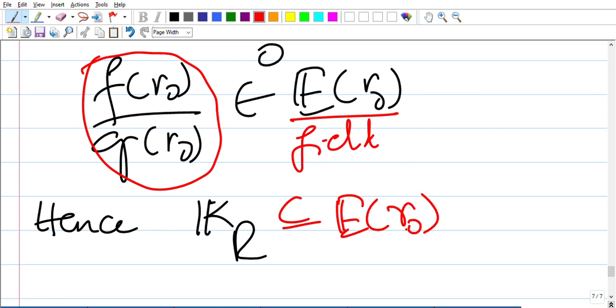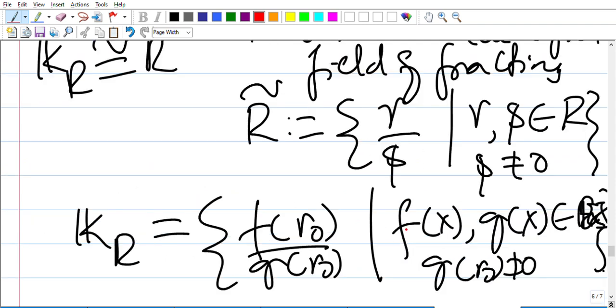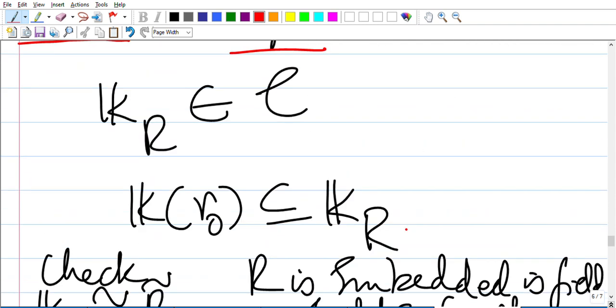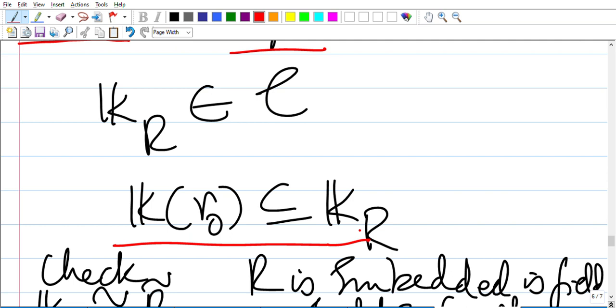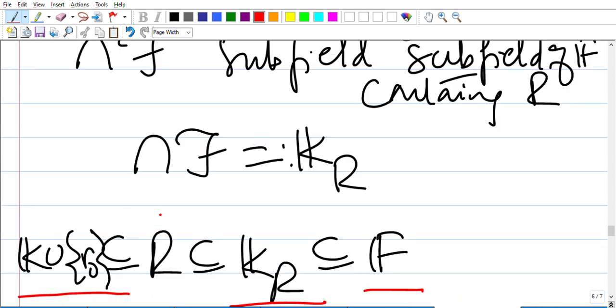With this and what we have seen here, this is wrong. This has to be E(r naught). Sorry. You can look back at it and then you can see. There's also a mistake here. It is E.